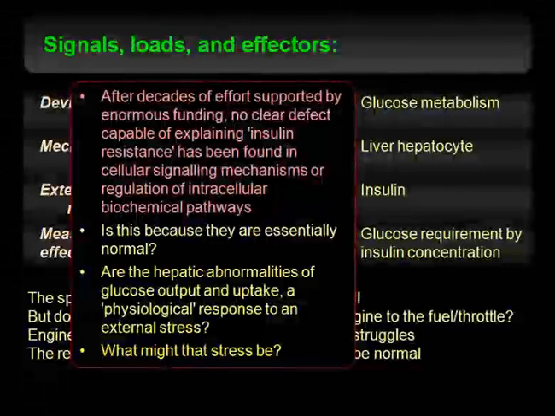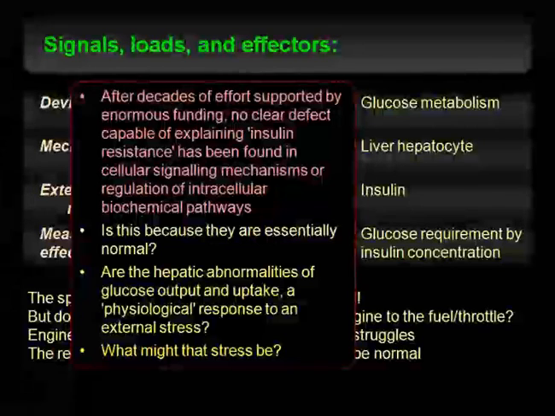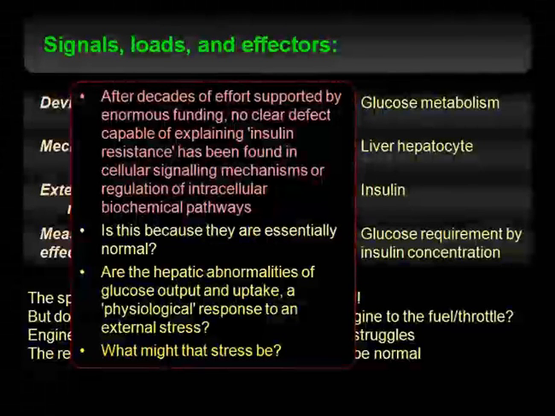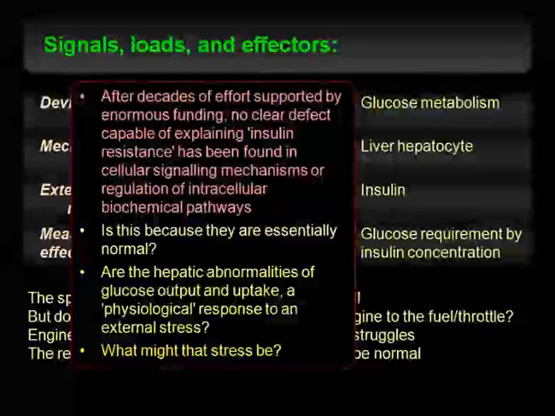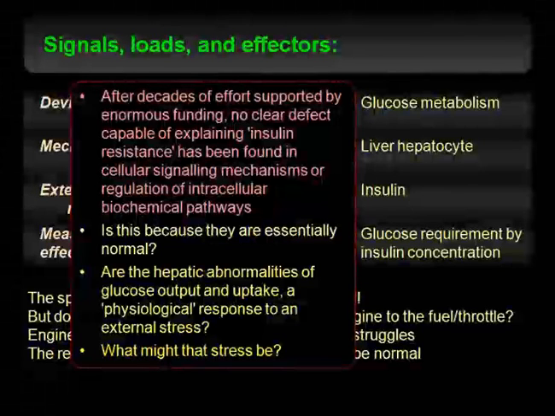So after decades of effort, supported by over $1 billion of funding, there is no clear defect yet capable of explaining insulin resistance within the cellular signaling pathways or regulation of intercellular pathways. And this may be because they are essentially normal. So I want to ask, are the hepatic abnormalities of glucose output and uptake a physiological response, in fact, to the external stress, and what that stress might be?